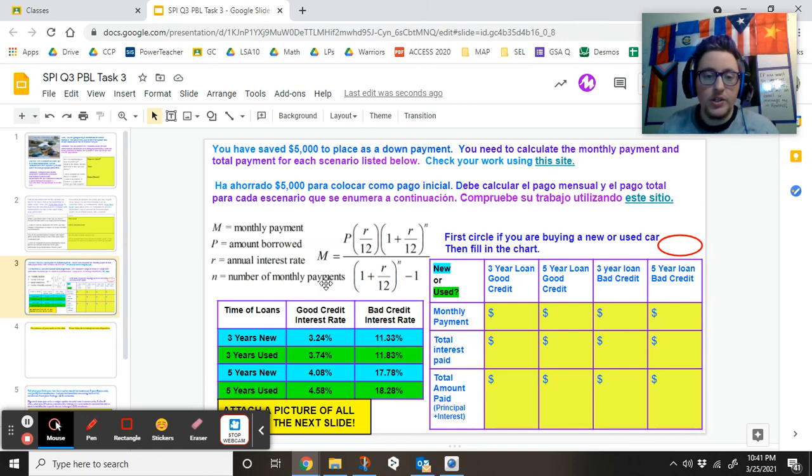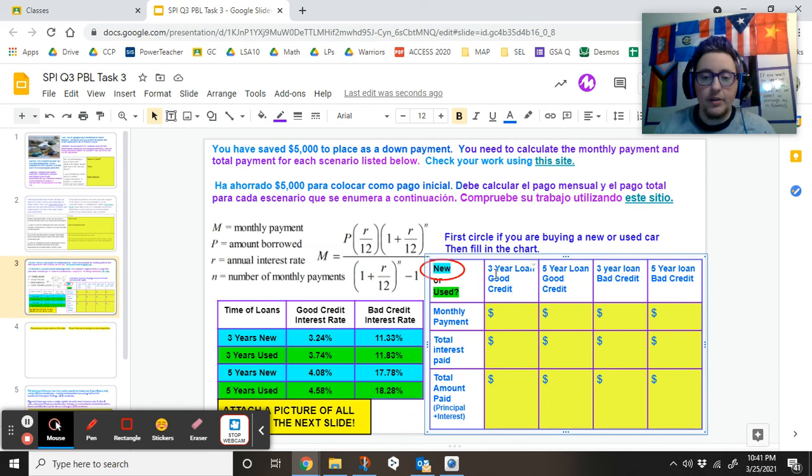So I have this equation here where my monthly payment is the M, P is my amount borrowed, R is my interest rate, N is my number of monthly payments. It says first circle if you are buying a new or used car, then fill in the chart. Okay, I am using a new car, 2021. So I'm going to circle new, but obviously you can circle used if you're doing a used car.